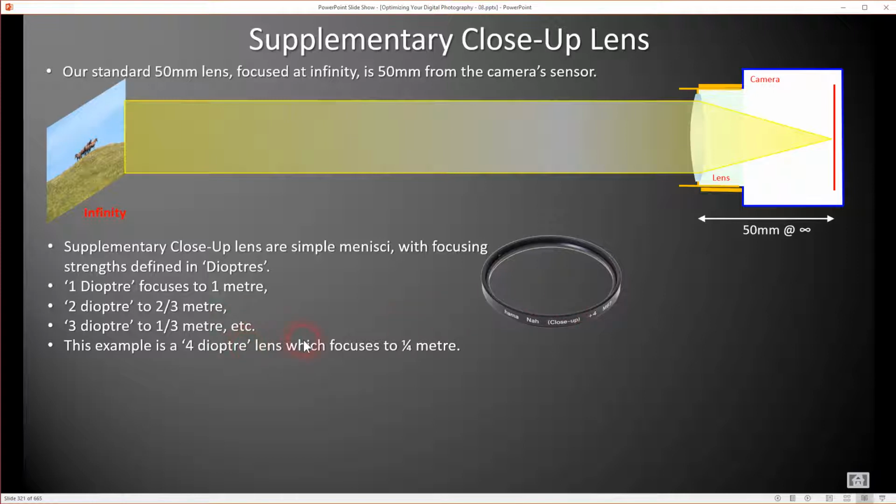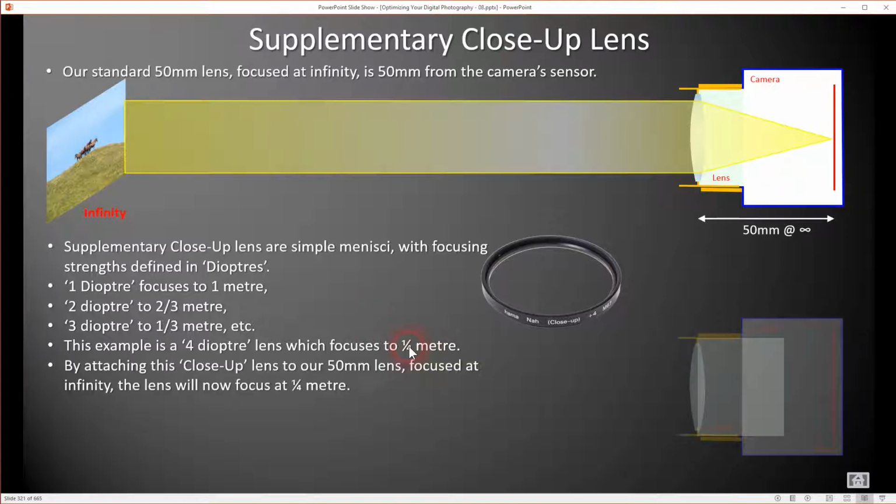So the more the diopter, the stronger the close-up effect. This is a 4 times diopter. So when you attach this 4 times to a lens, be it a standard lens or a telephoto lens, if the lens itself is focused at infinity and you attach this close-up lens to the front, irrespective of the focal length of the lens, it will focus to 1/4 of a meter.